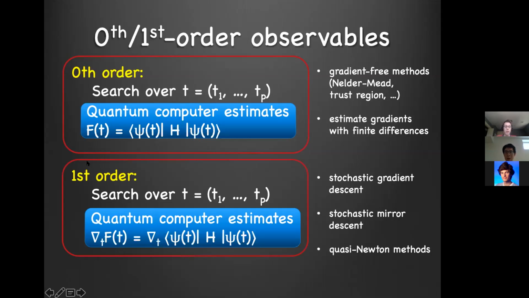Or you could use a quantum computer to do a gradient estimation, and then you could do something like stochastic gradient descent, or some other algorithm like stochastic mirror descent. It's like gradient descent with a different norm. And these are called first order algorithms.